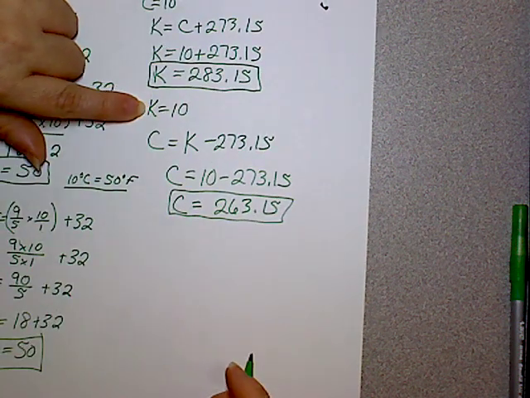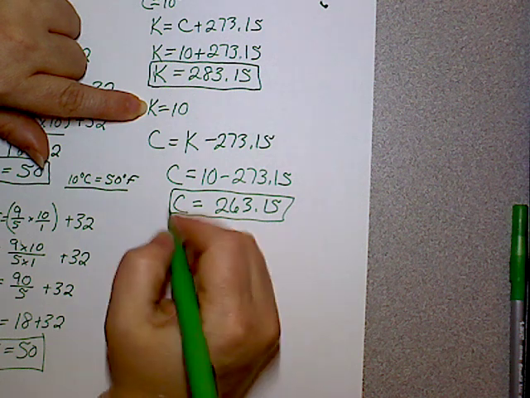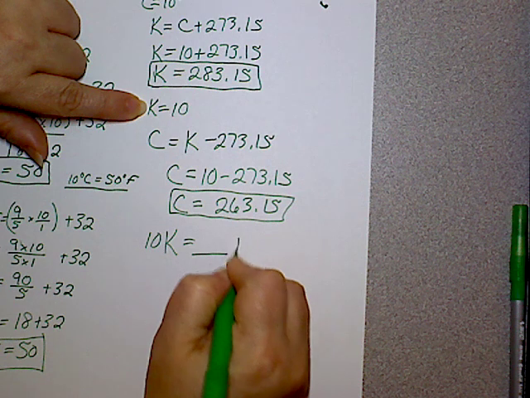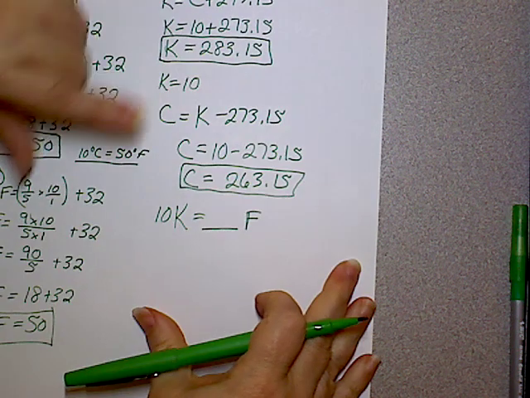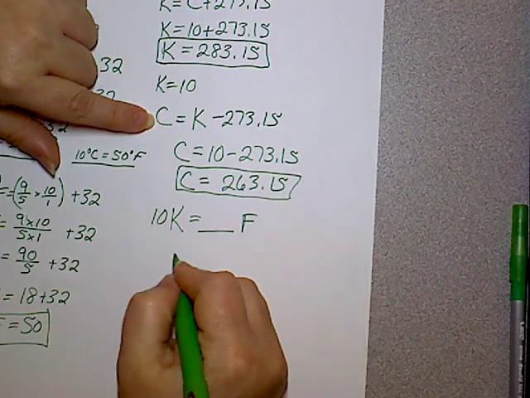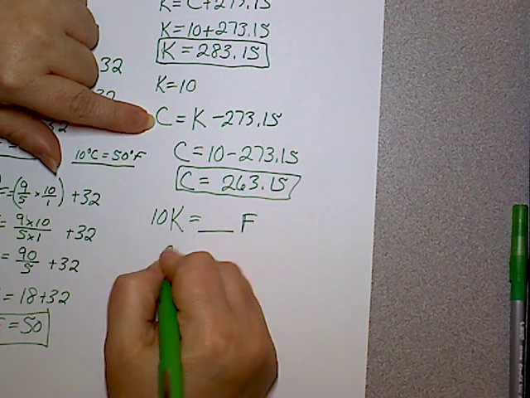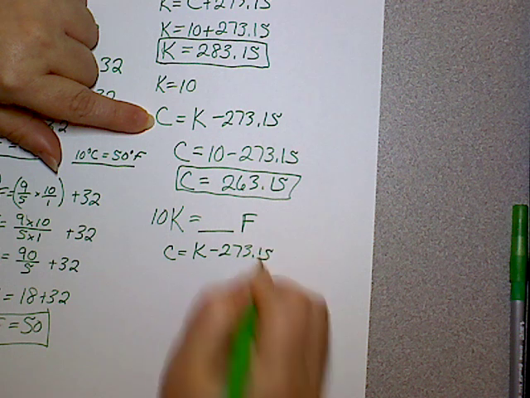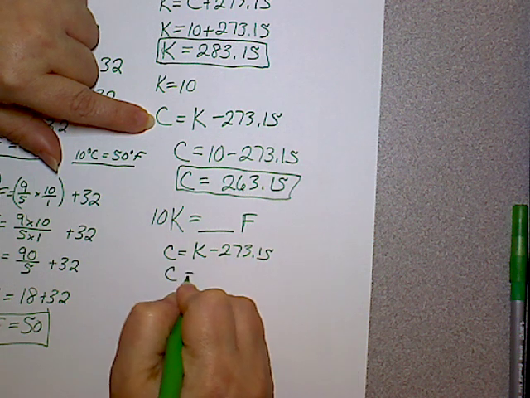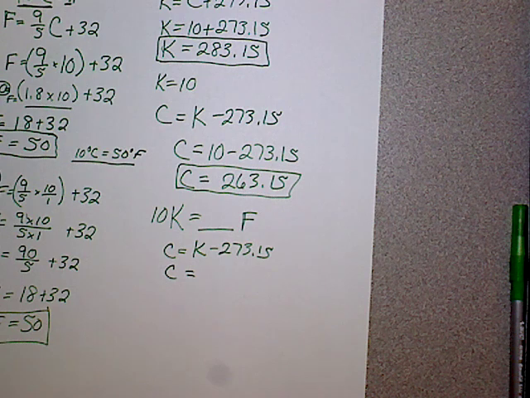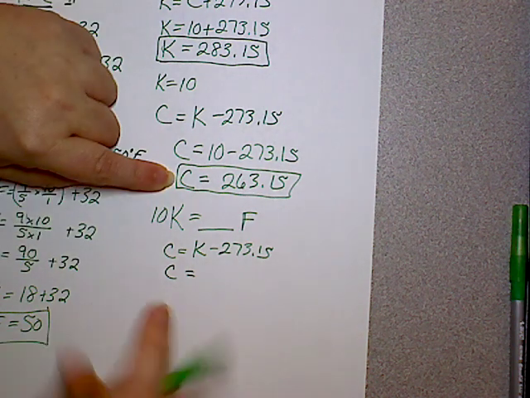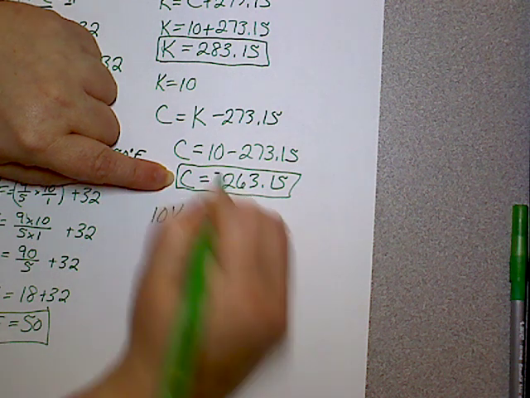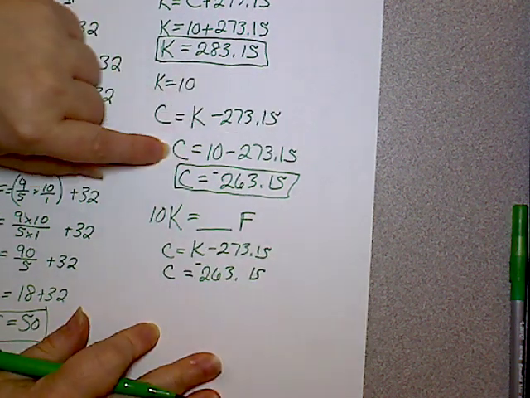If they gave us 10 Kelvin and we wanted to go to Fahrenheit, 10K equals blank F. We go through Celsius first. So C equals K minus 273.15. C equals negative 263.15, and that's a negative because we just found that up here.